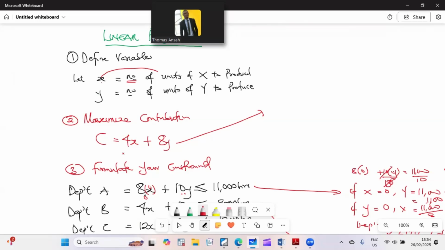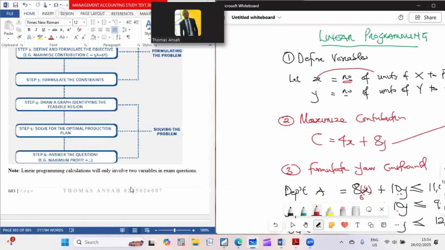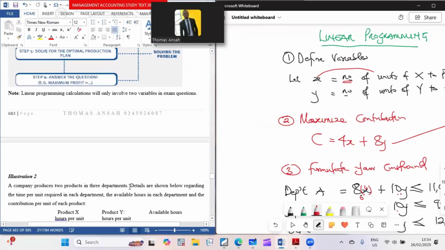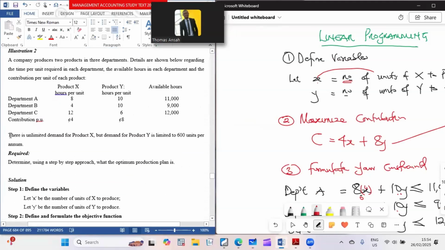But the question also gave us the fixed line. So let's go back to the question. It says that there is an unlimited demand for product X, and for product Y is limited to 600 per annum. So that is our straight line. All right. So the fixed line is 600. So we can draw that one.